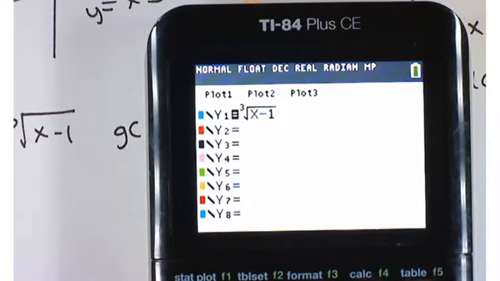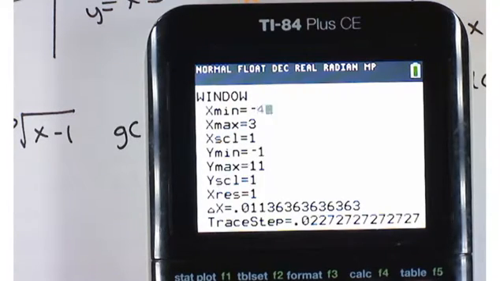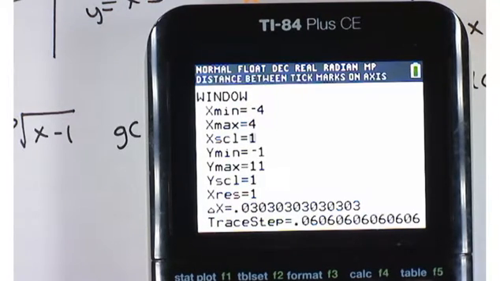And then we also want x minus 1. One approach, since we don't know a good window, is the shotgun approach. You can just make everything go from negative 10 to 10 on both axes. I think we can probably zoom it down a little bit. Let's go from negative 4 to 4 on the x-axis and on the y-axis.